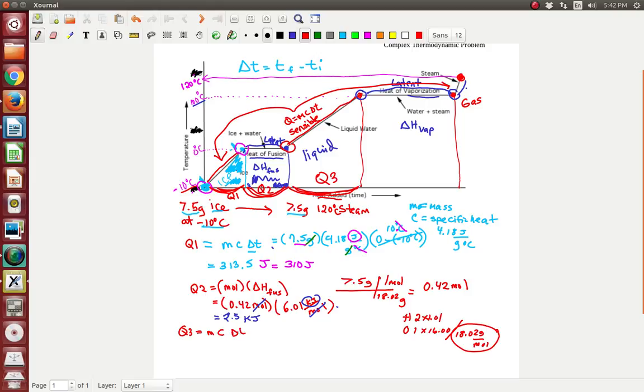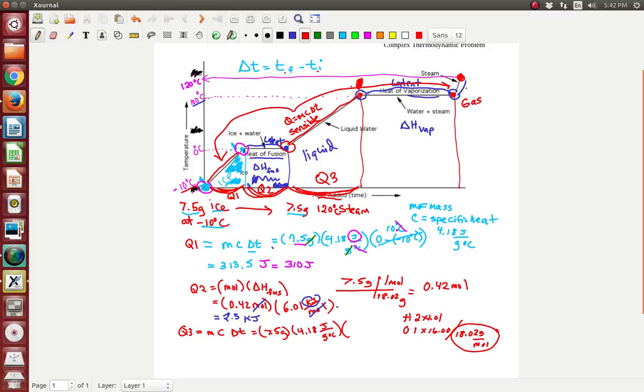Q equals MC delta T. All right, mass is still the same, 7.5 grams. The C is the same, 4.18 joules per gram degree Celsius. And the temperature change is different now. The temperature change is T final minus T initial. The final temperature in Q3 is right there.